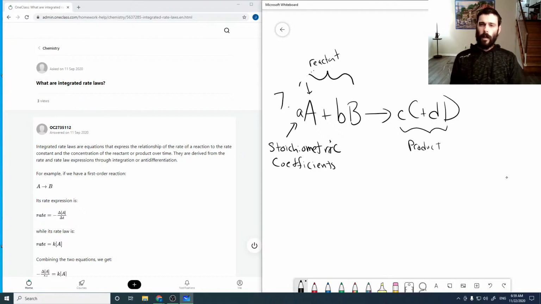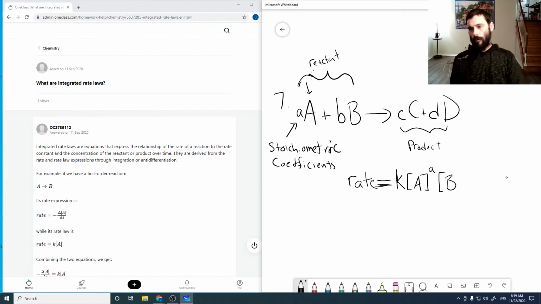Okay. So for any bimolecular reaction like this, assuming that the rate only depends on the reactants and their concentrations, then we can write the rate law as k, which is just our rate constant, times concentration of A to the power a, concentration of B to the power b.